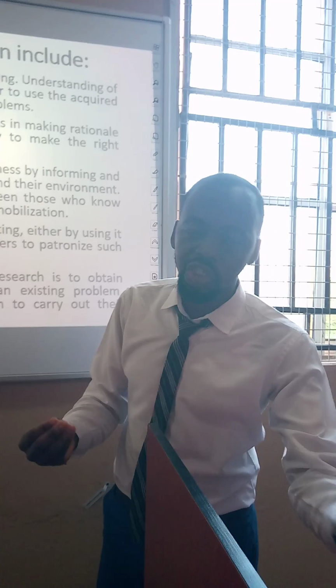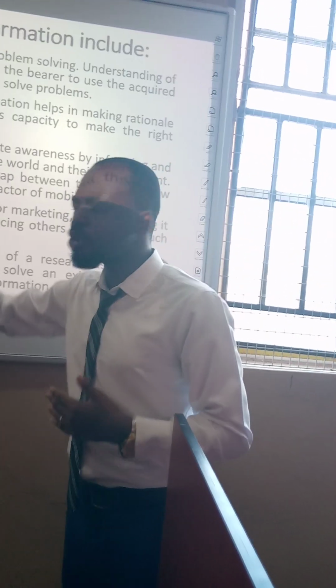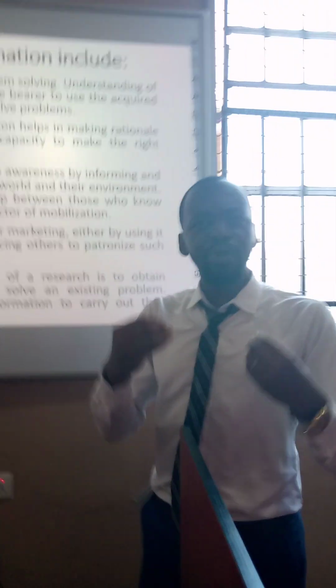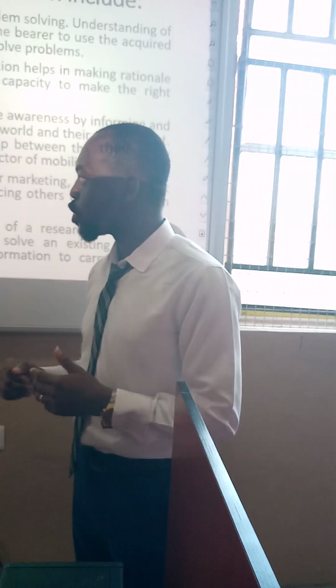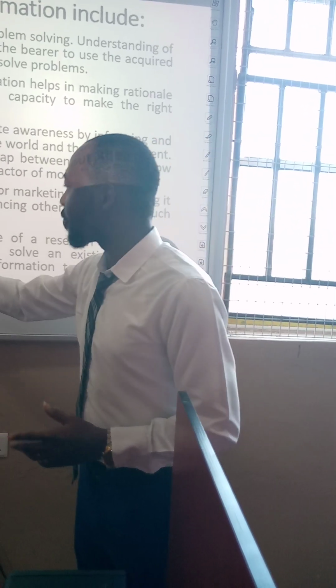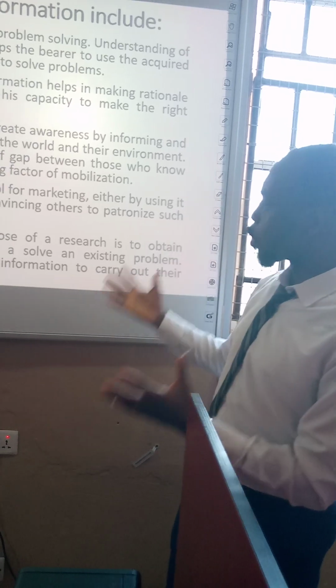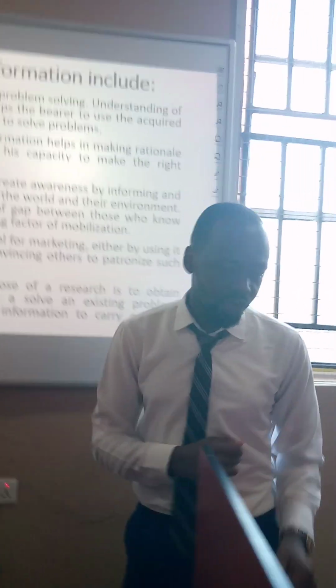If you don't have the information, you don't know. When you have the information, you know. Also, for marketing, before you can market a product, for instance, you must have good and quality information about that service or that good. So information is very key in that area. Research and development, yes. If you also want to do research, you have to have good information.